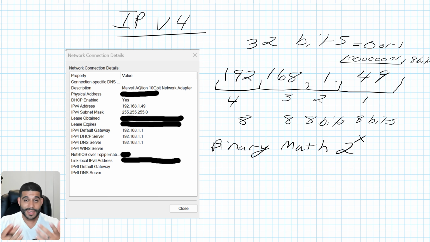So for example, decimal is the numbers that we see every day. So when we count 1, 2, 3, 4, 5, so on and so forth, that is decimal. But in the computer world, they don't operate in decimal, right? Computers only understand ones and zeros, on or off. So you have to translate the decimal number that you see here into what's called a binary number. And you can use a calculator in order to do that.